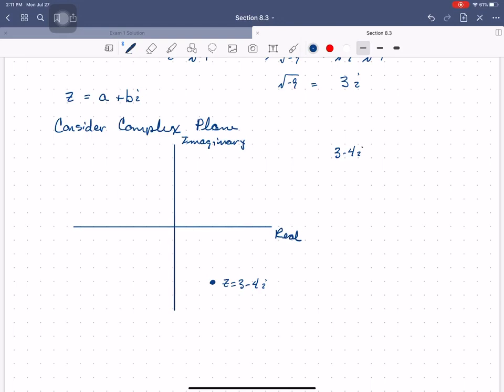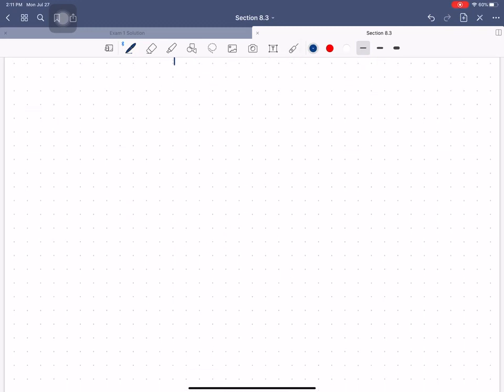Okay, we haven't done that before, but we can do that. Now remember that when we add complex numbers, we simply add real to real and imaginary to imaginary. So we'll come back to this plotting in a minute.